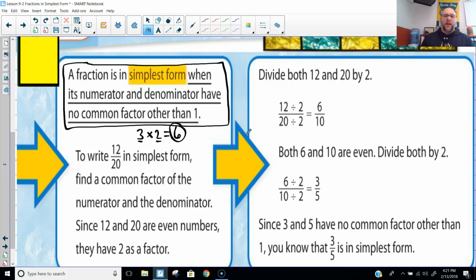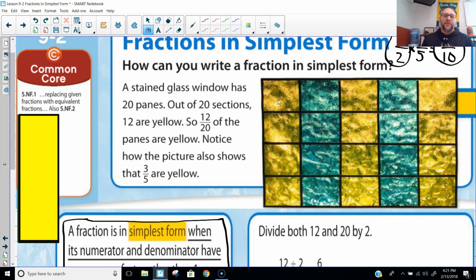So if we look at the example on the right over here, the example talks about this stained glass window. There are 20 total panes of glass, 1, 2, 3, 4, 5, 6, 7, 8, 9, 10, 11, 12, 13, 14, 15, 16, 17, 18, 19, 20.